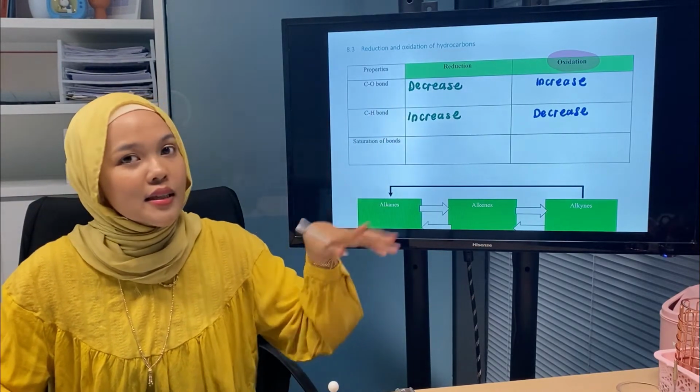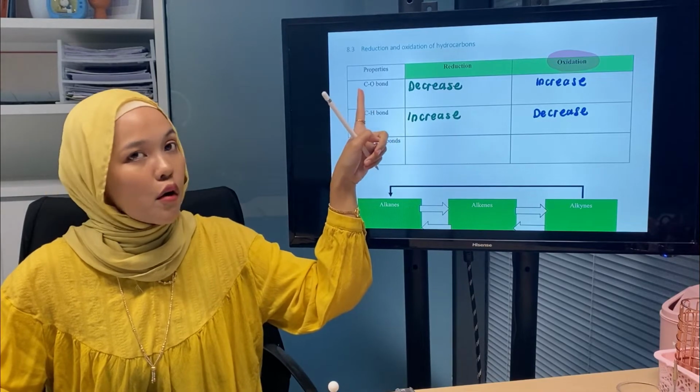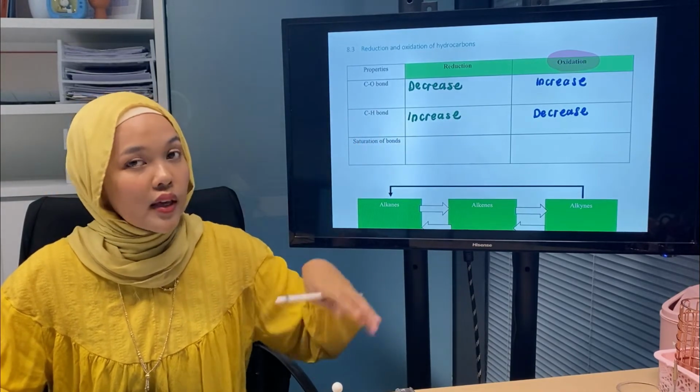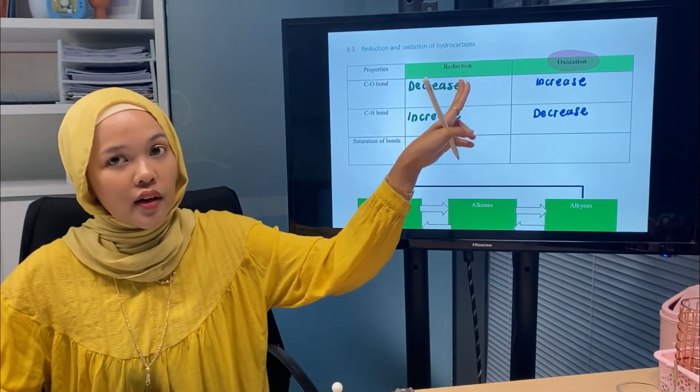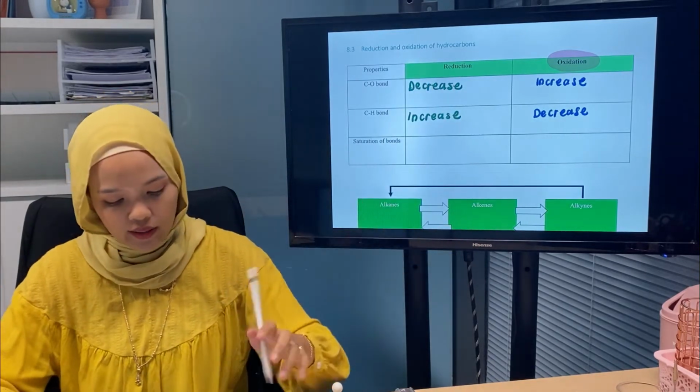If you see something that has a lower number of carbon-oxygen bonds, then it is a reduction reaction, and vice versa.